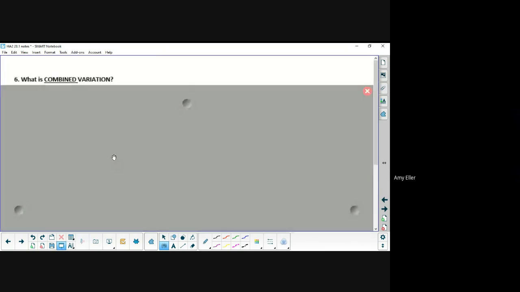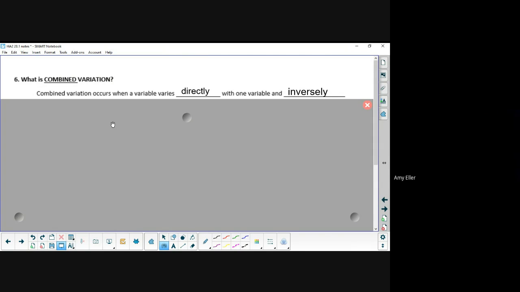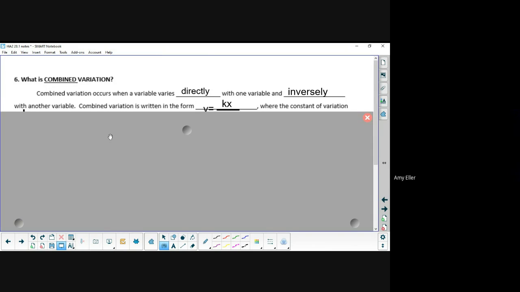Let's fill in some blanks. The combined variation. We haven't done combined yet. We've done direct. We've done indirect. Combined variation. Here we go. Combined variation occurs when a variable varies directly with one variable and inversely with another.